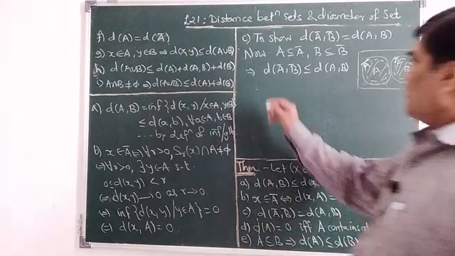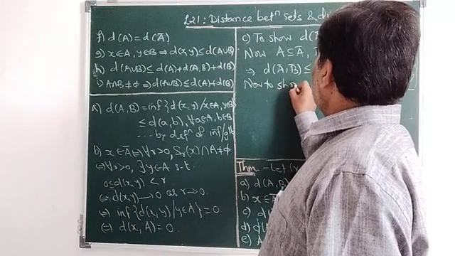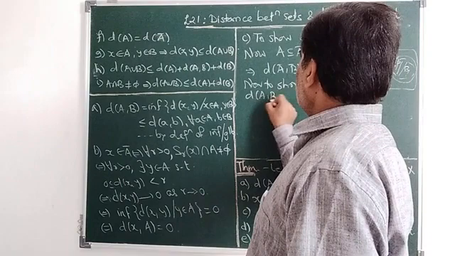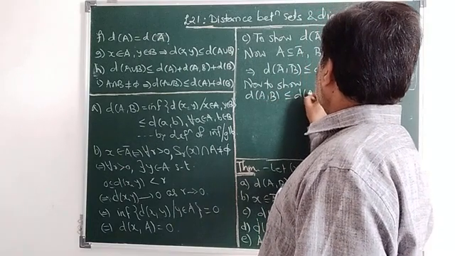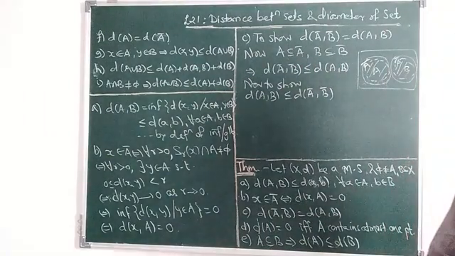Now to show that d(A, B) is less than or equal to d of the closure of A and the closure of B, this is our aim.